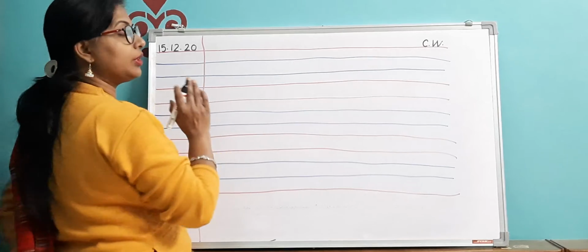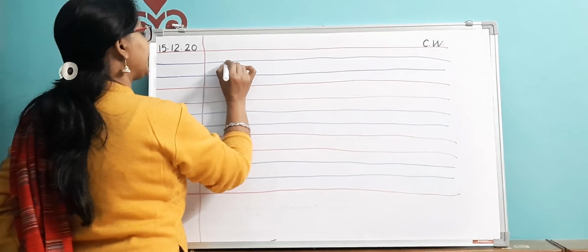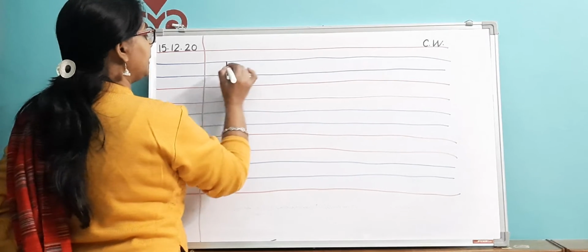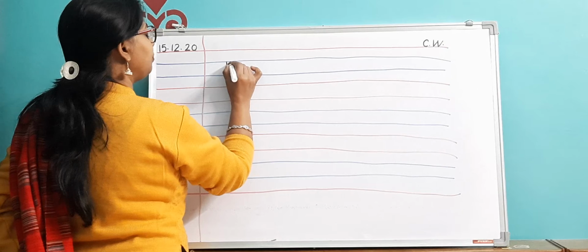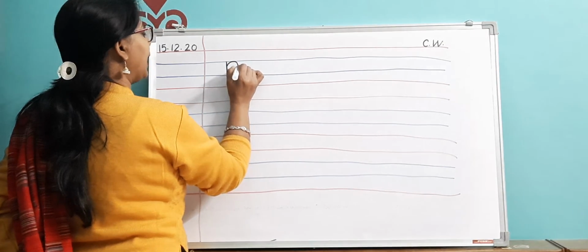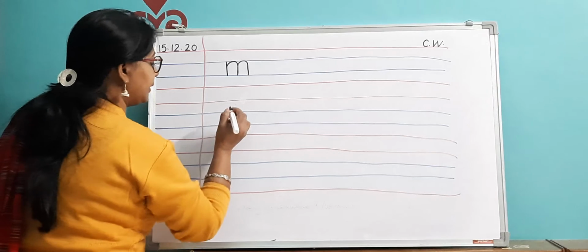Most of the small alphabets we start from the blue line or the second line. From the second line you draw a standing line like this till the third line. And then as I have told you, make a curve like this, upside down u, again go back and then again come back. This is m. M for monkey. Small m.